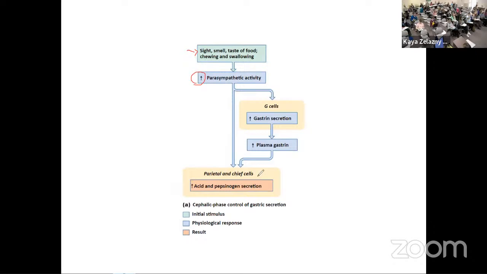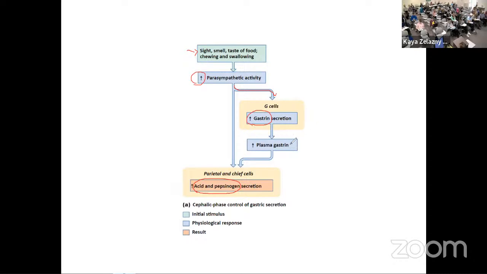This does have a direct effect on the parietal and chief cells in the stomach, telling them to release more acid and pepsinogen so that we can start digesting food as it comes in. And it also has this sort of secondary little pathway, increasing this response, where it goes to G cells. These are in our stomach as well, which release gastrin, which is a GI hormone.